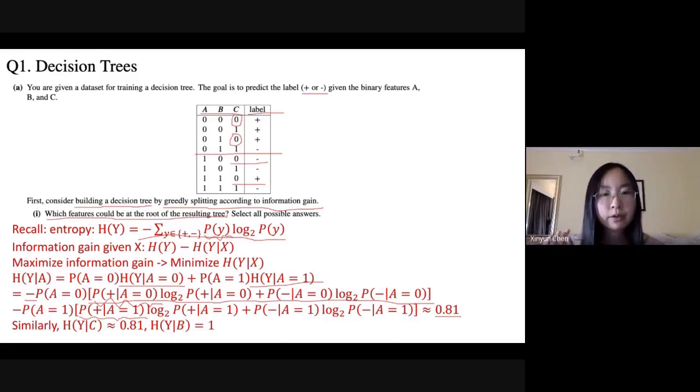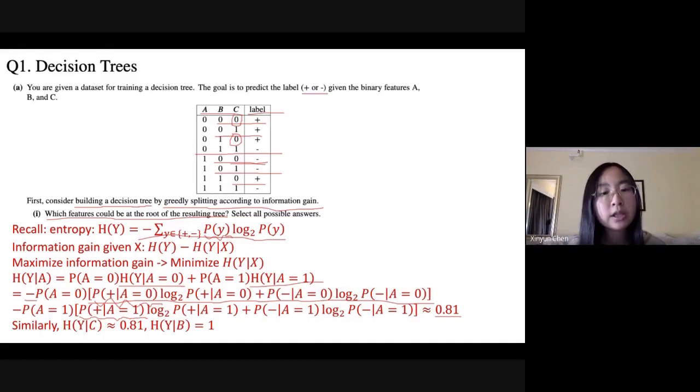However, if we do the first split over B, and we take a look at the points given B equals to 0, we will see that in this split, there will be 50% of the points with the label plus and 50% of points with the label minus, which means that when we do the first split over B, it doesn't give more information about how likely the label will be assigned to a specific point.